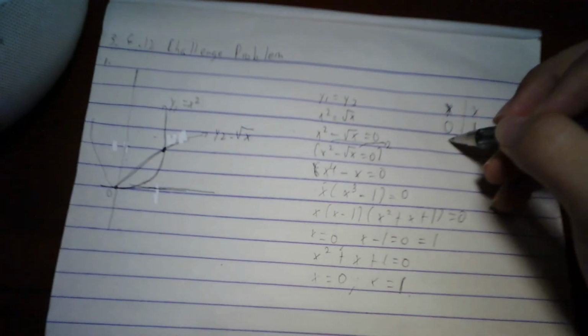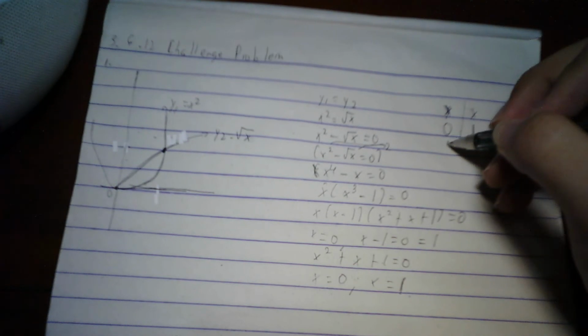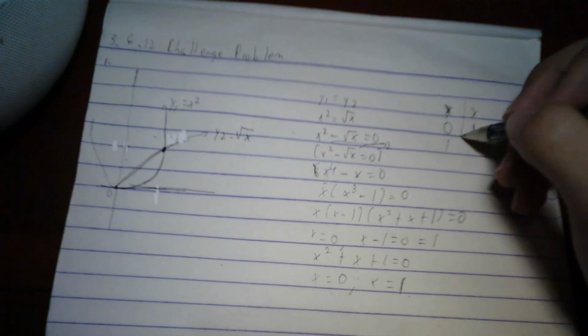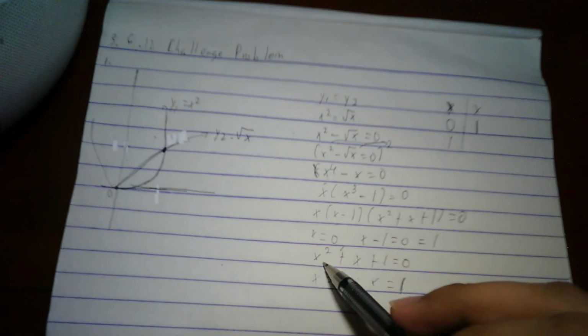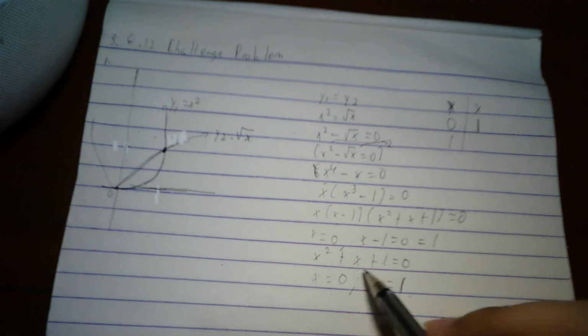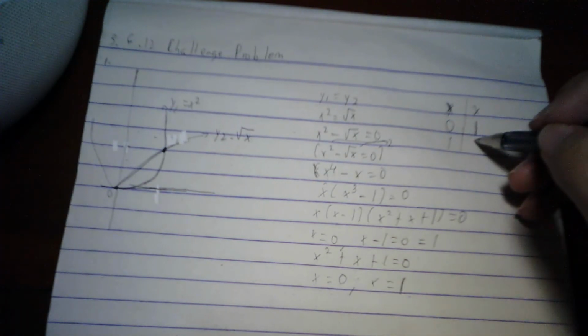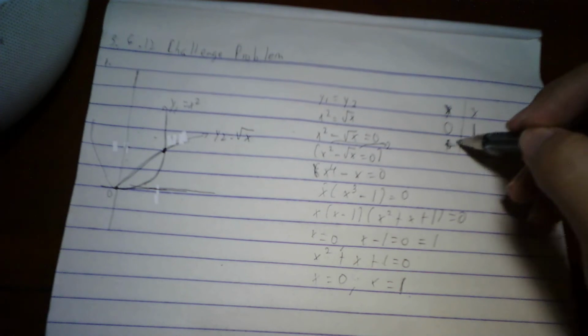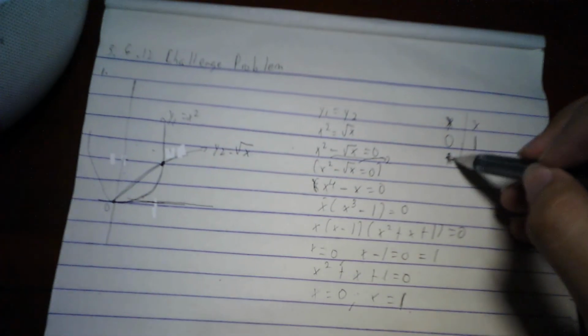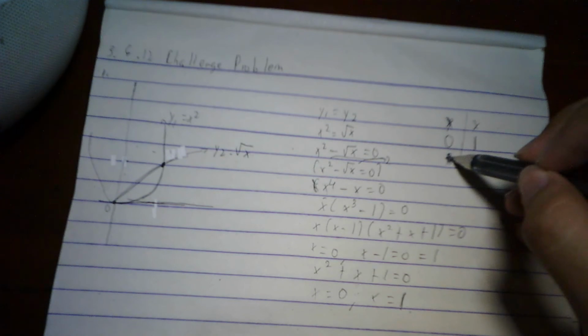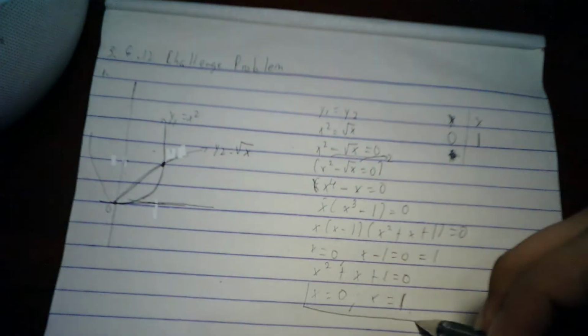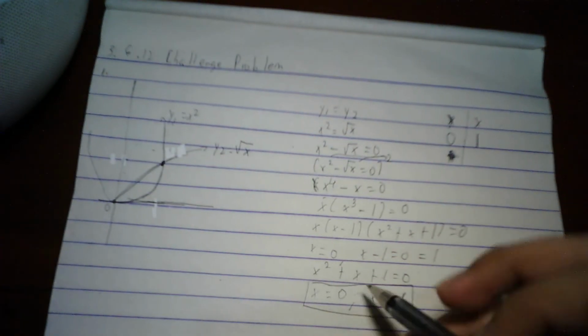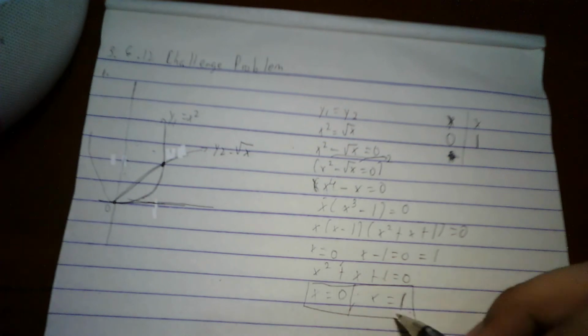When x is 1, 1 squared is 1 plus x is 1, plus 1 is 3. So I don't think that is all. Then we have here our x equals 0, then x equals 1.